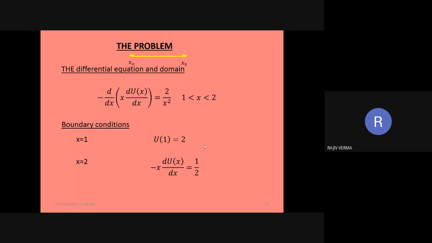But now we are going to take some specific number of terms in the trial function. So let us assume that the trial function is a cubic polynomial containing 4 terms, because we have a power of x raised to 3 in this particular equation. So the trial function is a cubic polynomial.